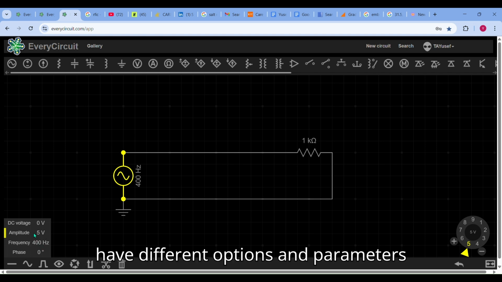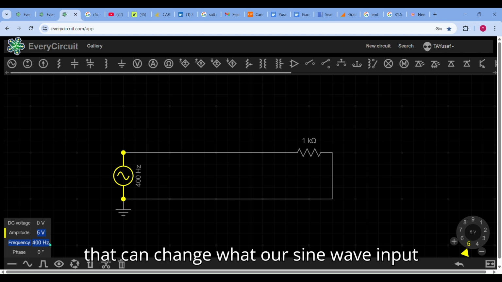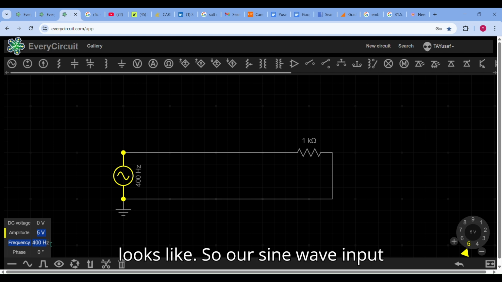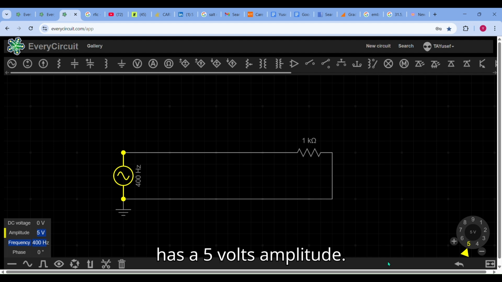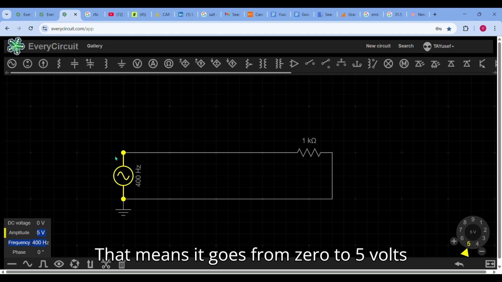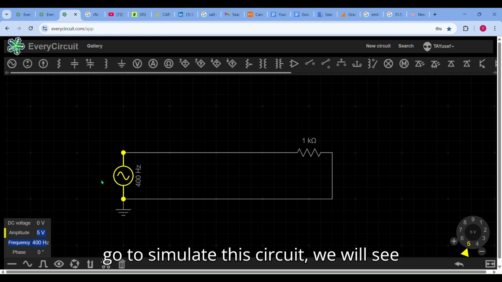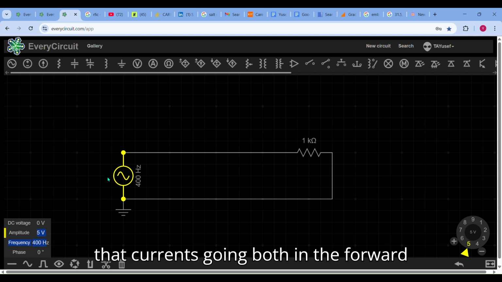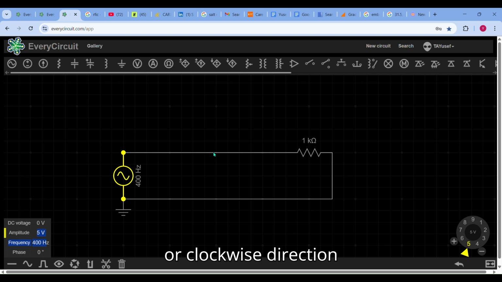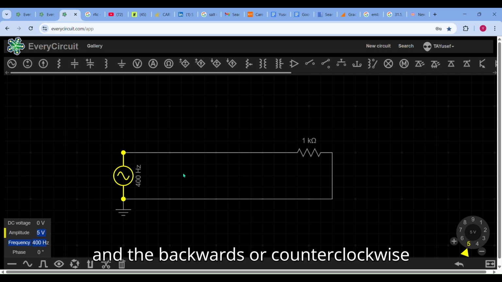Here we have different options and parameters that can change what our sine wave input looks like. So our sine wave input has a 5 volts amplitude. That means it goes from 0 to 5 volts and also 0 to negative 5 volts. When we go to simulate this circuit, we will see that current is going both in the forward or clockwise direction and the backwards or counterclockwise direction.